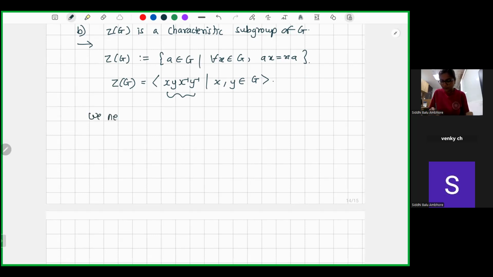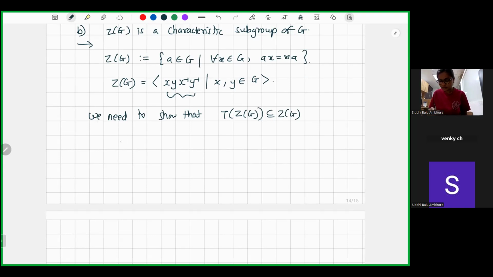So what we need to show is that T of ZG is inside ZG. If I show that, it will follow from the definition of T itself.